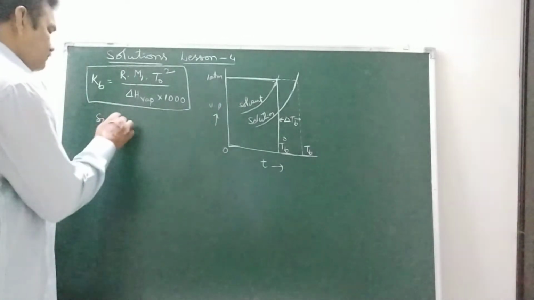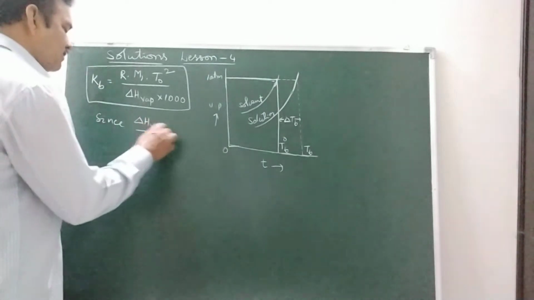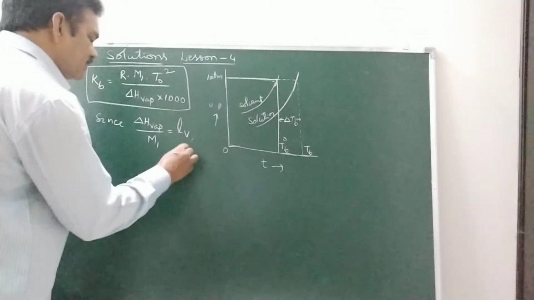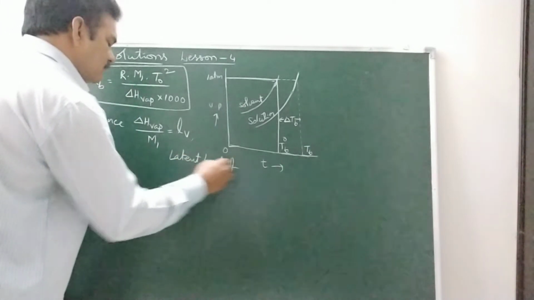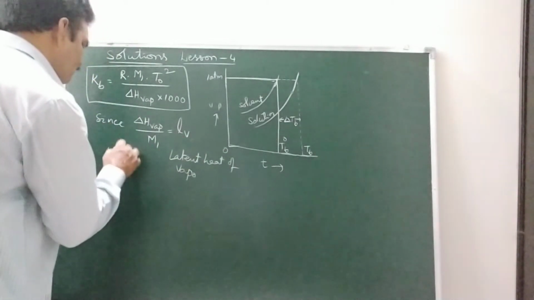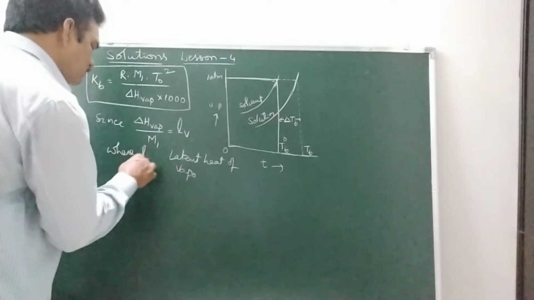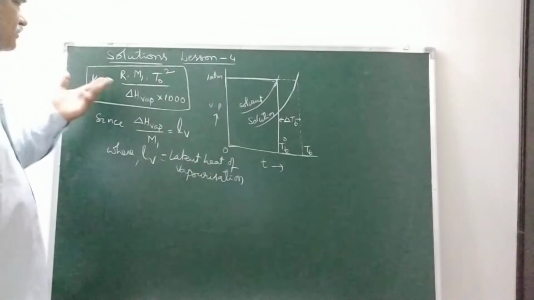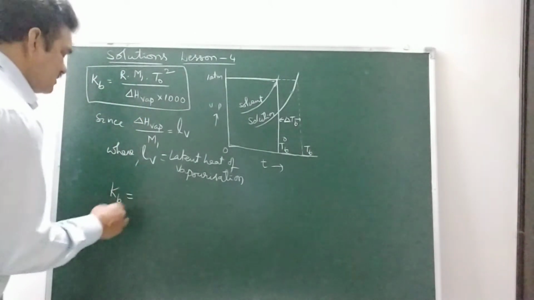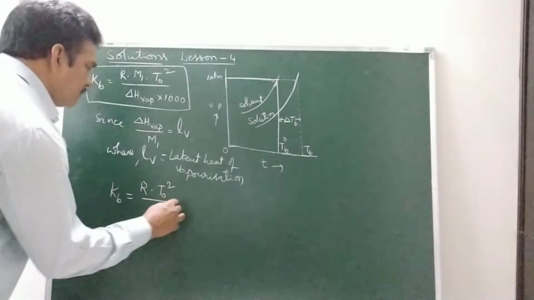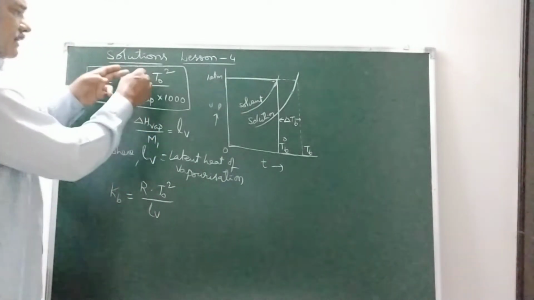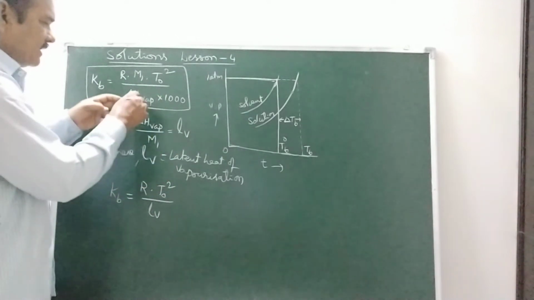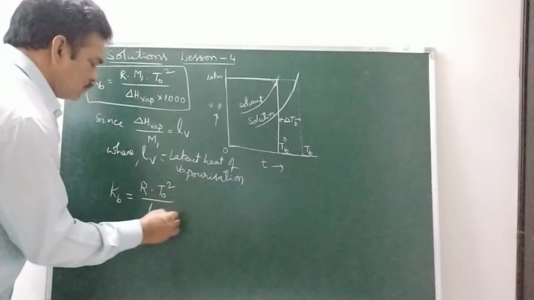Since delta H vaporization by the molecular weight of solvent is equal to LV, that is latent heat of vaporization, if we substitute this in the above equation, we get Kb is equal to R into T0 square by LV into 1000.